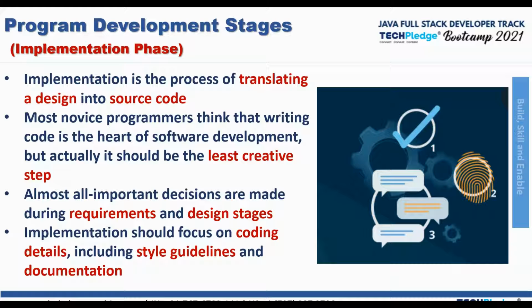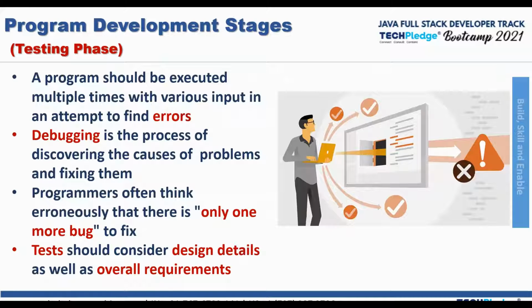Once all of that is done, we can say, okay, this is the code, this is what you asked for. After the implementation phase is over, we move on to the testing phase.